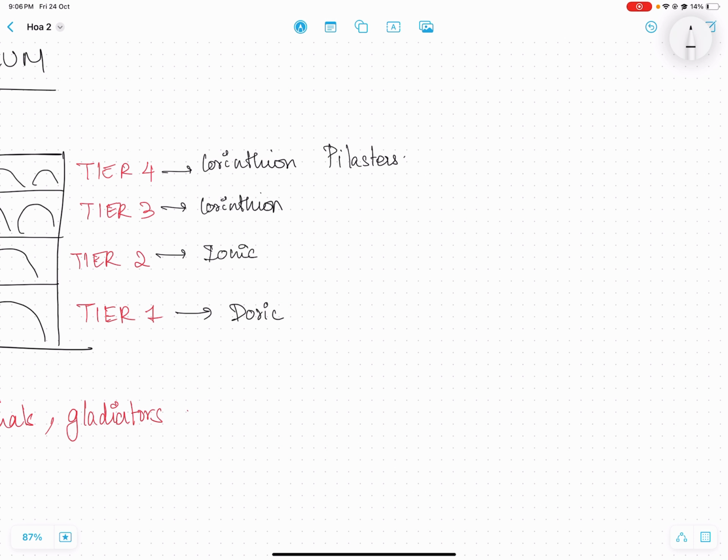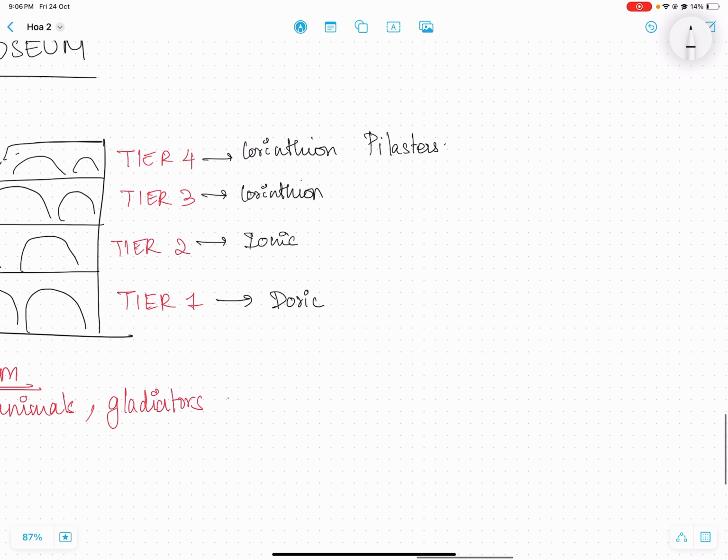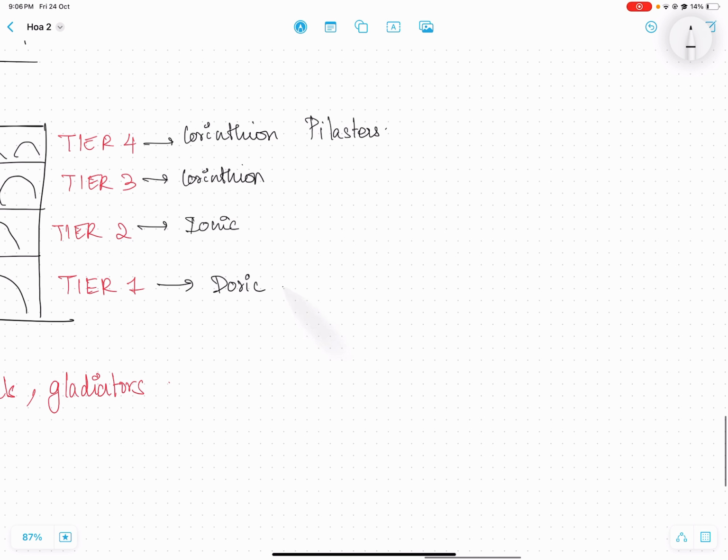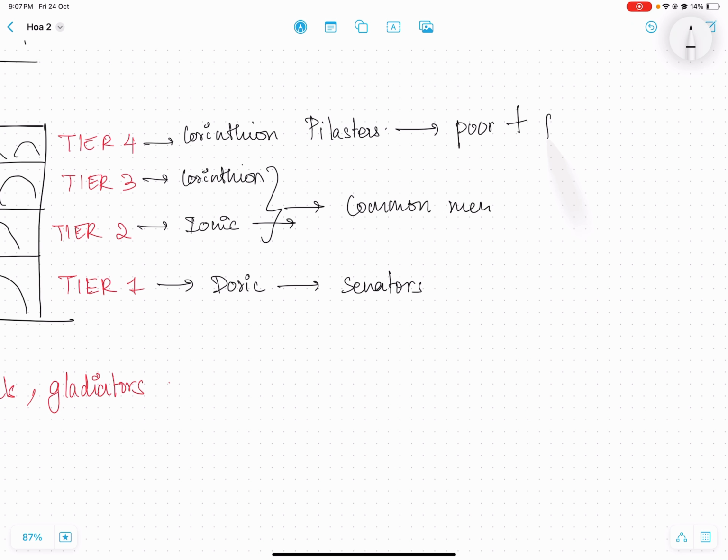Now before talking about pilasters, the seating was also arranged in sequence of importance. The first tier was occupied by senators and kings. The second and third were occupied by common men, and the fourth was for poor people and women.